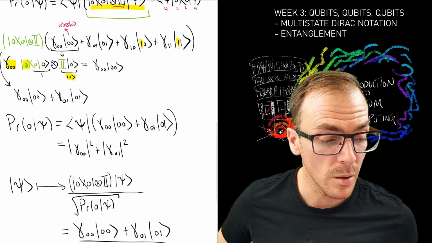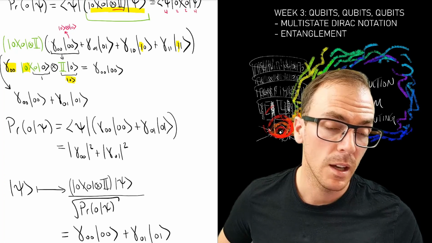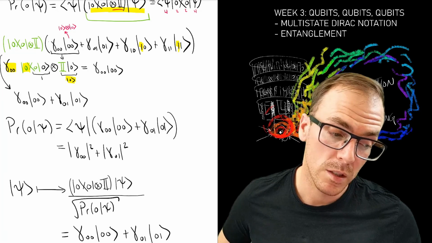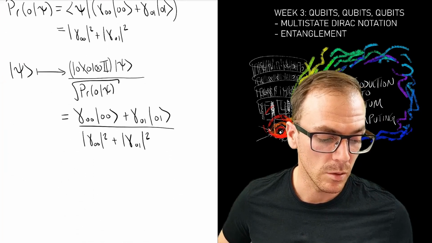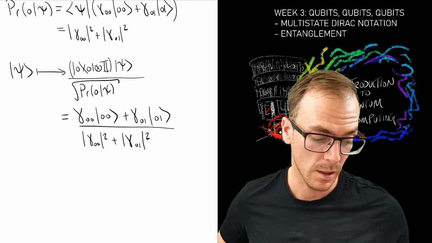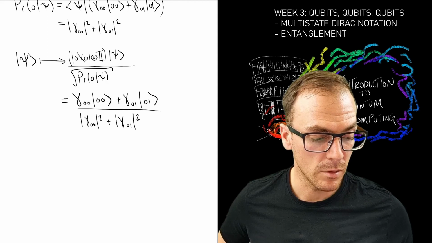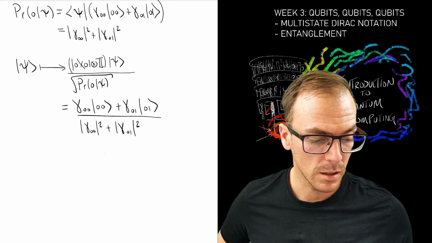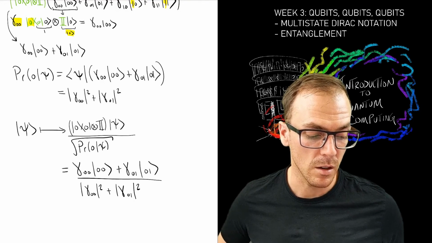Remember, the sum of the modulus of all of these terms added up equals 1. So the sum of two of them might not equal 1. That means we have to normalize what's been left after the projection. And so the state of the 2 qubits becomes this state here.